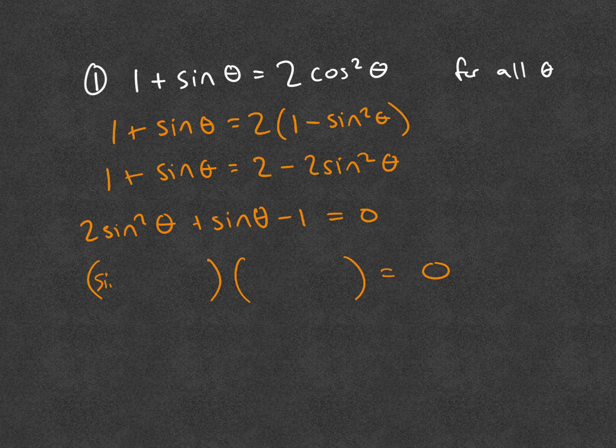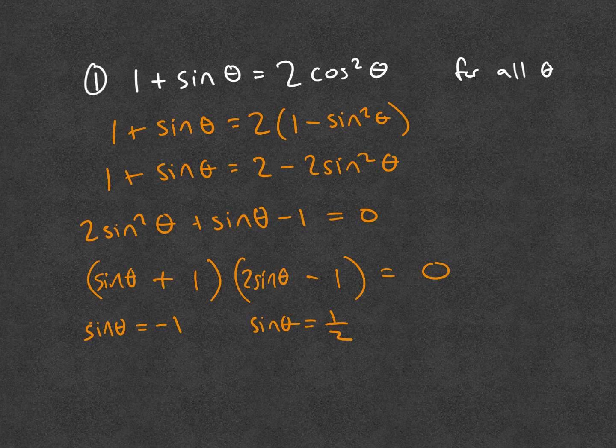I have sine theta and 2 sine theta, and then I definitely have 1 and 1. To get positive, I'm going to want the plus here, a minus there. Then we set each of these factors equal to 0, which gives me sine theta equals -1, and sine theta, add 1, divide by 2, equals 1/2.